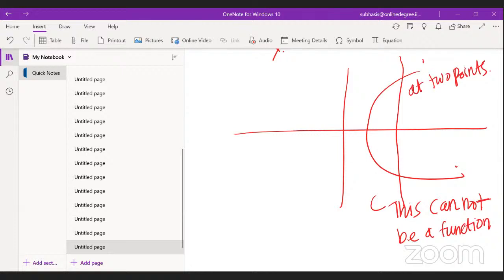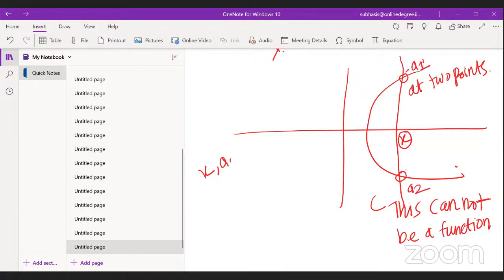And you know a function is basically a relation which cannot be one to many. Here, for a particular x, you are getting two values, this and this. Suppose this point is your a1 and this is your a2.